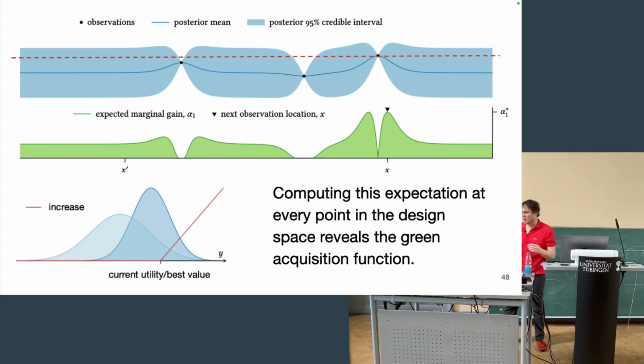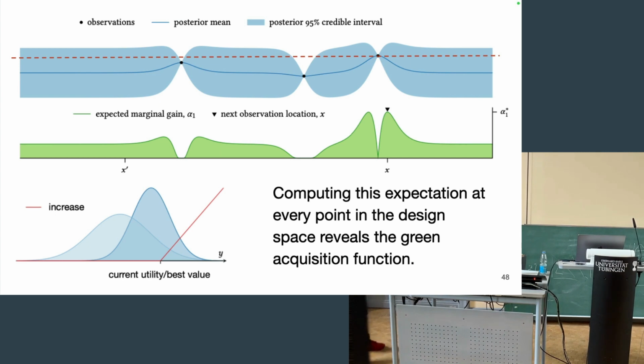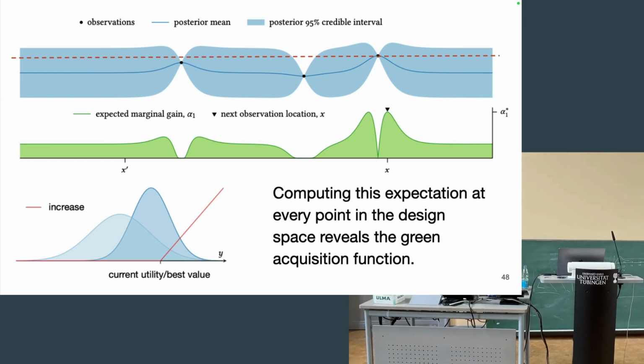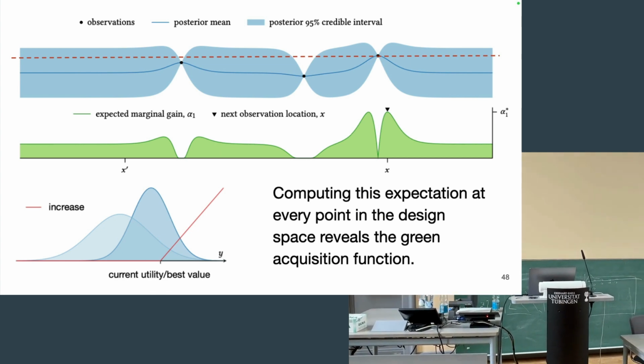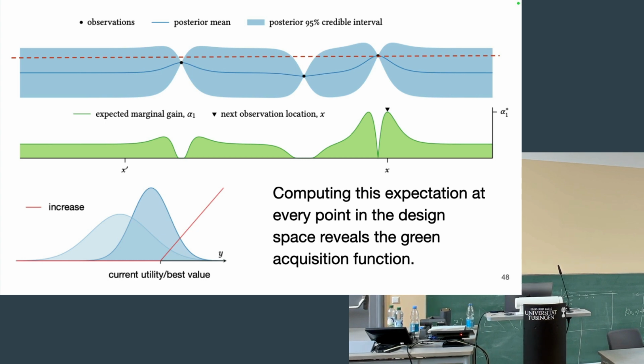Either I'm going to see a function value that is higher than the best function value I've seen thus far, or I'm going to see a value that's lower. If I see a function value that's lower than that dashed red line, then I'm not going to improve this simple utility at all. Whereas if I see a function value that is higher than that dashed red line, I'm going to make a linear improvement to that utility function.